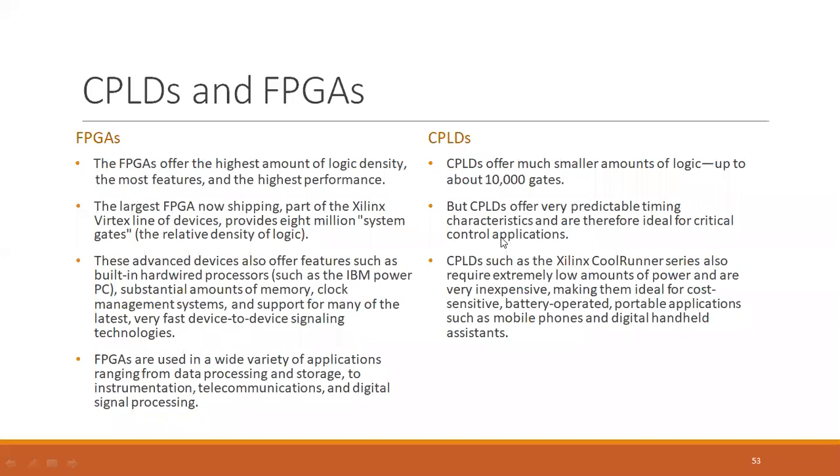Whereas CPLDs offer very predictable timing characteristics, and that is why they are used in critical control applications. Even though they contain very good features, the CPLD has good timing characteristics.